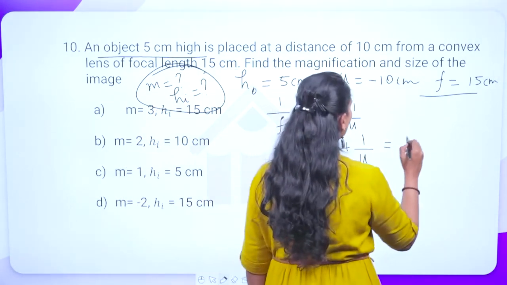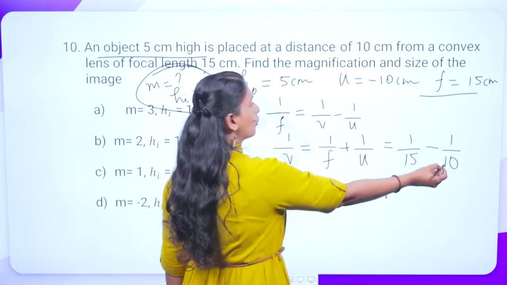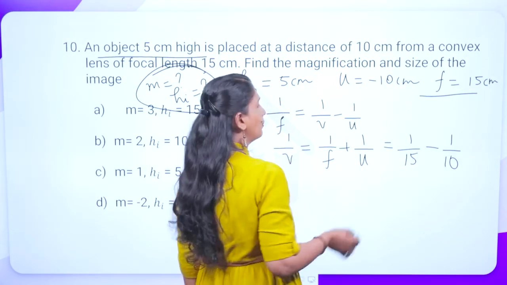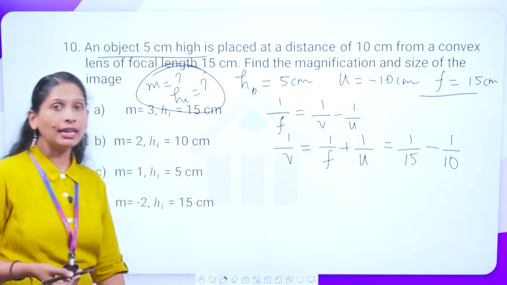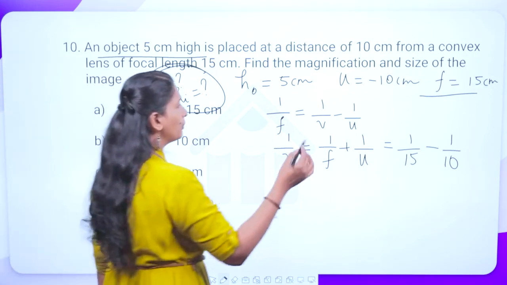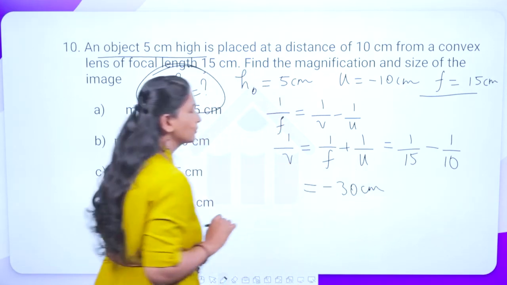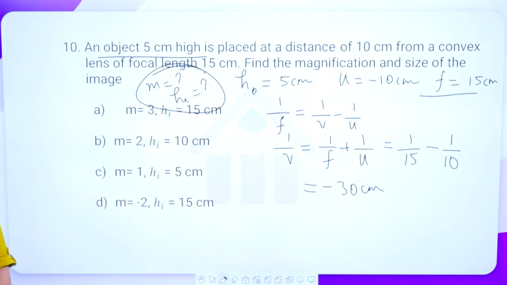Substituting 1 by 15 minus 1 by 10 because there is minus over there. So, I have put minus instead of plus here. So, simplifying and taking the reciprocal, you will get it to be 150 by, okay, this will be minus 30 centimeter. So, if you want to find the value of v, then that will be minus 30 centimeter.